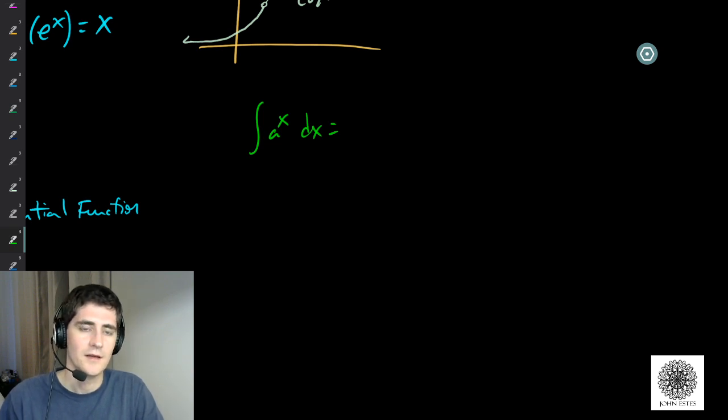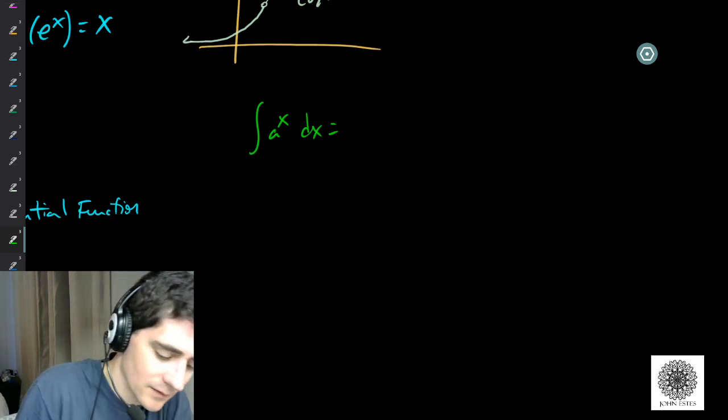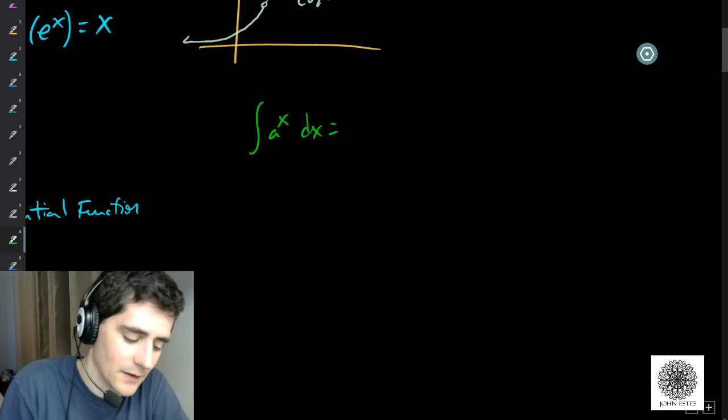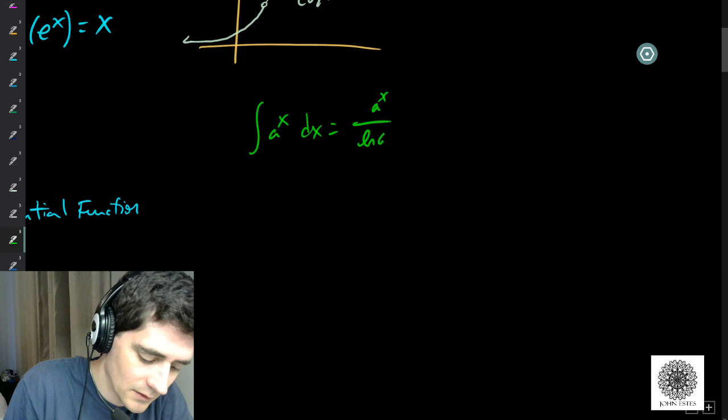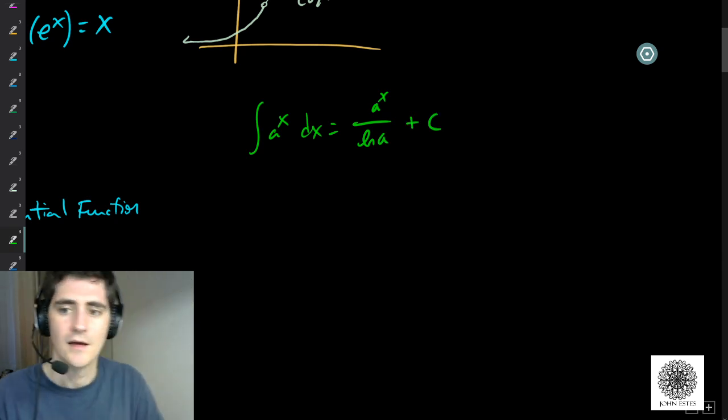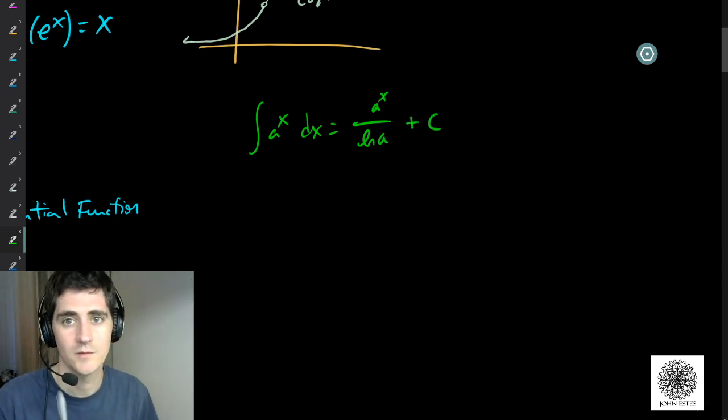How do you integrate x? You raise the power and you divide by that power, because it got canceled out with differentiation. The same is true here. The integral of a to the x dx is going to be a to the x over ln a plus c.